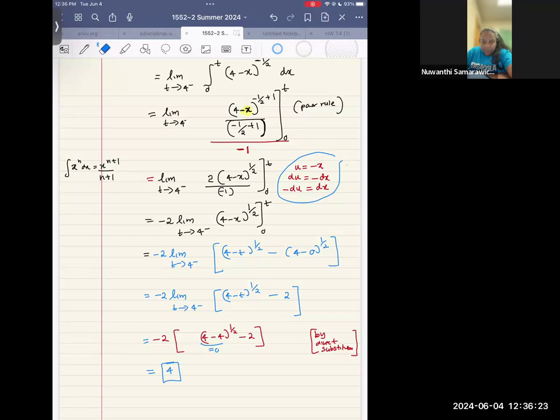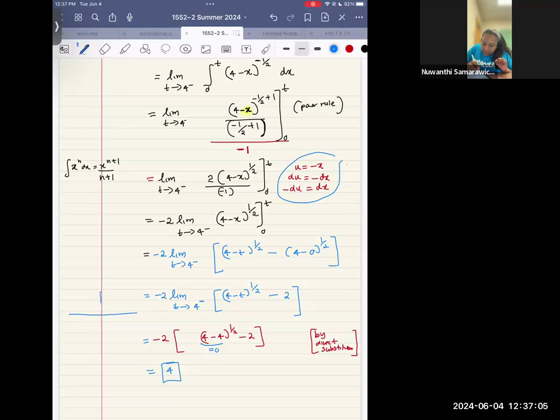If it's 4 minus t and t is equal to 4, then why would it not become...? No, don't forget, this limit means t approaches 4 from the left-hand side.